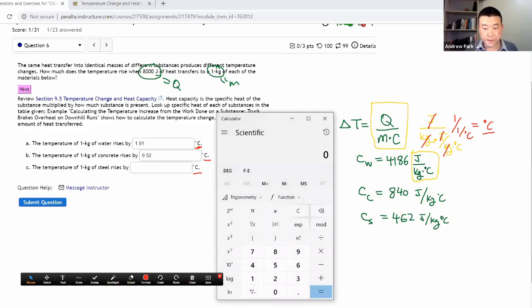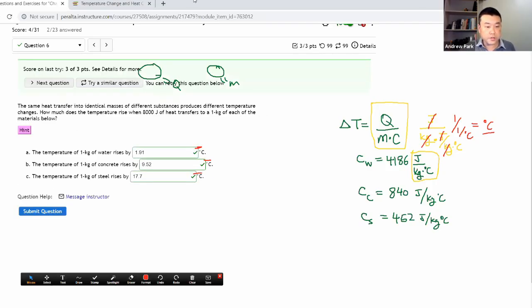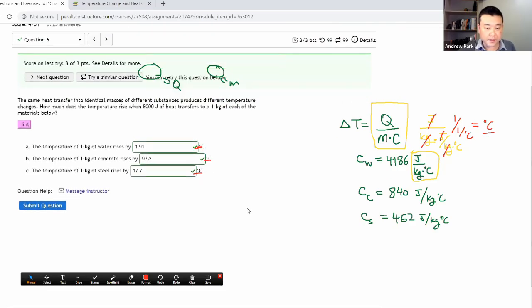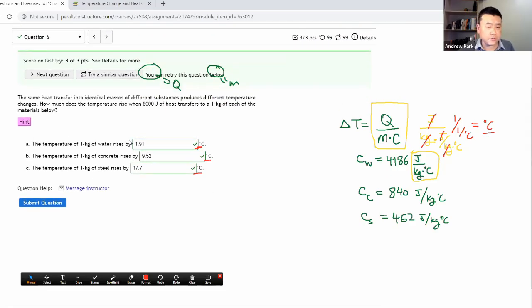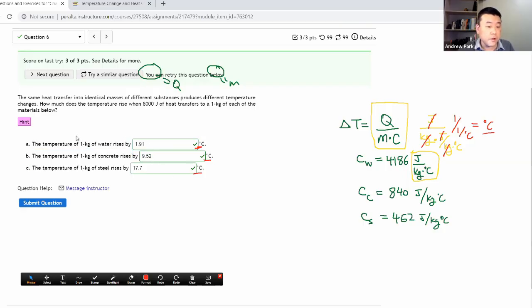Finally, the amount of the temperature change in steel is given by 8,000 divided by the specific heat capacity of the 1 kilogram of steel, 452. So 17.7 degrees C. Now, so it's a calculation question, but I had a kind of a higher purpose in that I want you to see this vastly different amount of change of temperature for the same amount of material and the same amount of heat.